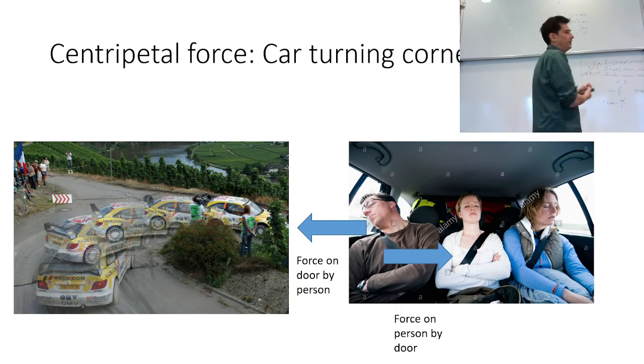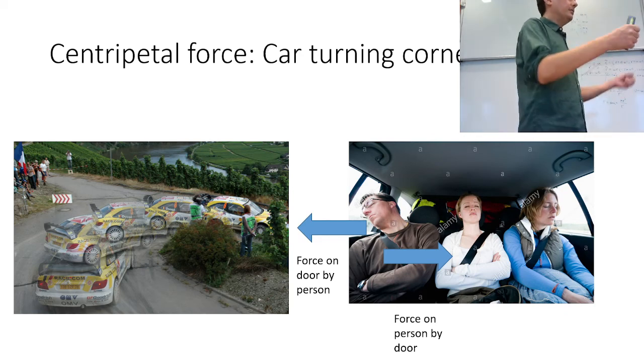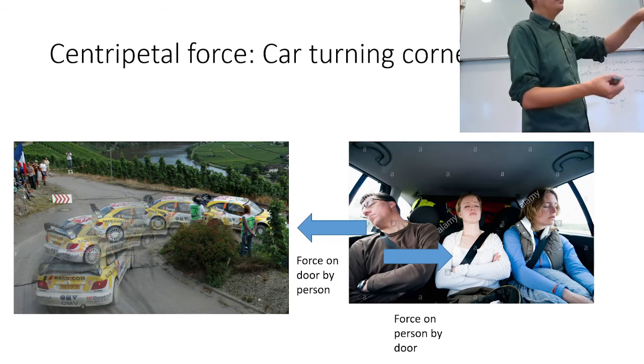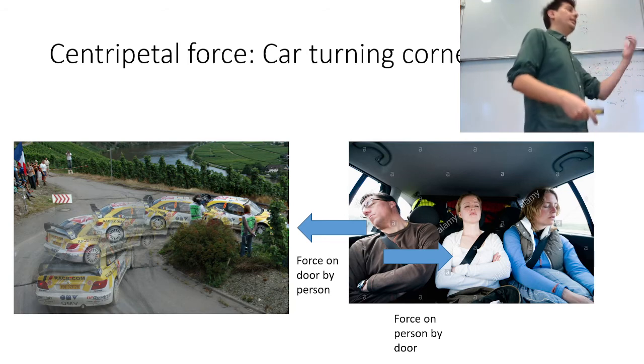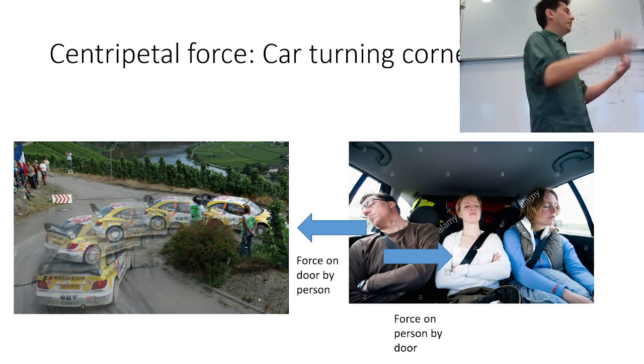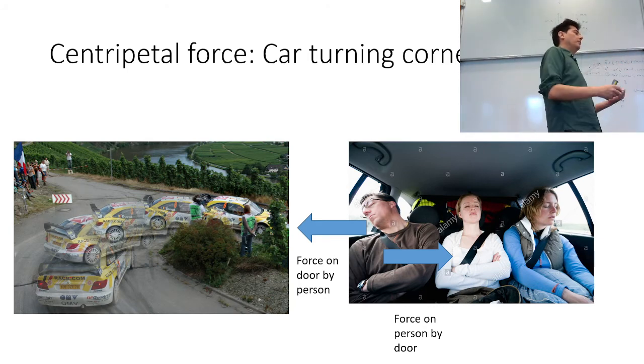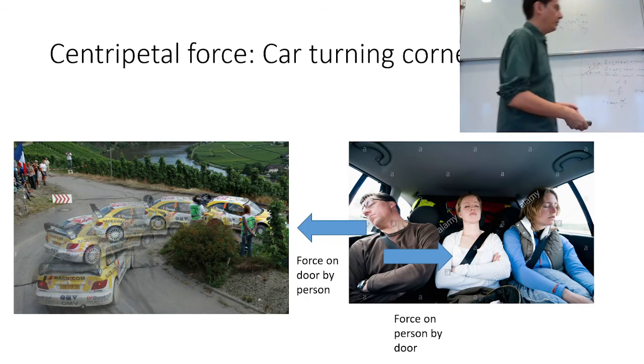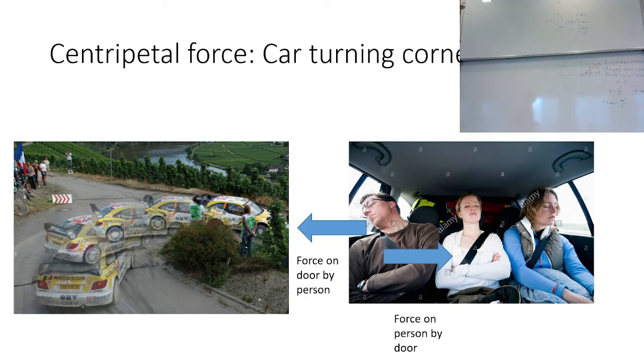You probably realized just from experience that if the car is going right, then you actually end up going left, right? So you actually go the opposite direction to the direction that the car is actually turning.